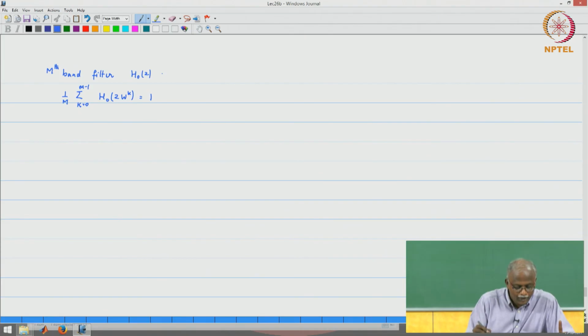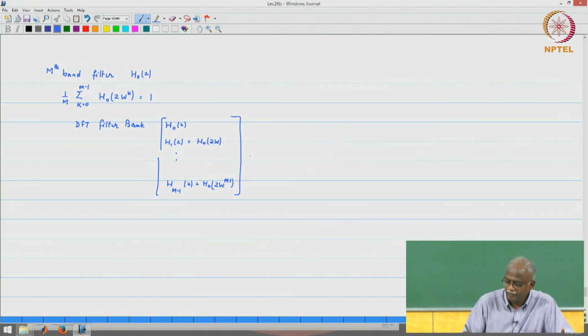Now I would like to write down the DFT filter bank, which is basically H naught of z, H1 of z equal to H naught of zW, and the last one is H m minus 1 of z equal to H naught of zW^(m minus 1). So, this is the DFT filter bank.